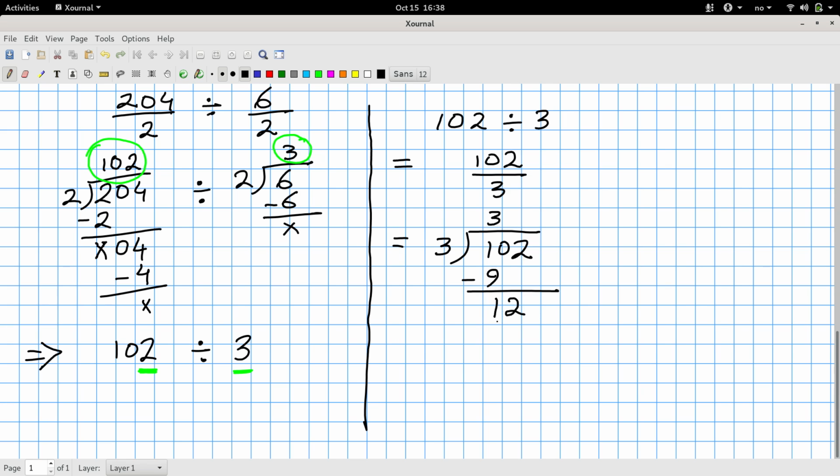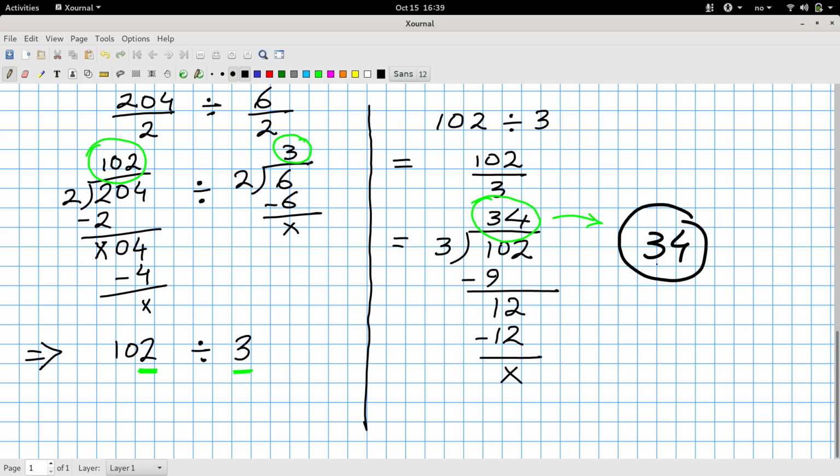So now in 3's table, what is the multiple that gives you 12? That is 4. 3 4s are 12, and you subtract them and you get nothing here. So we have a successful division, and we have 34 as the answer to this division, and that actually is our answer, right?